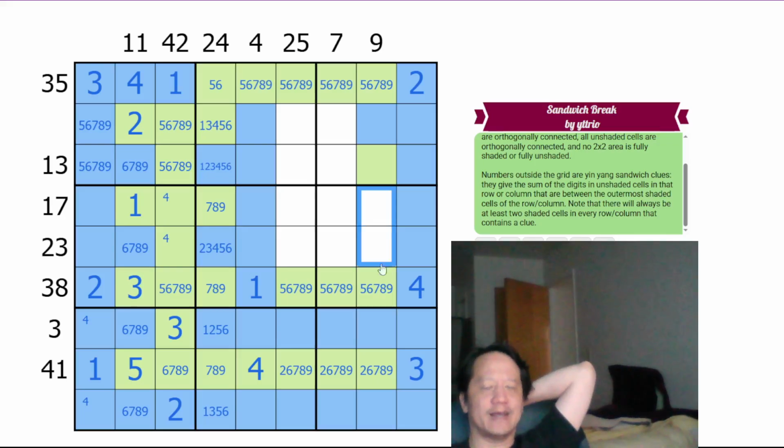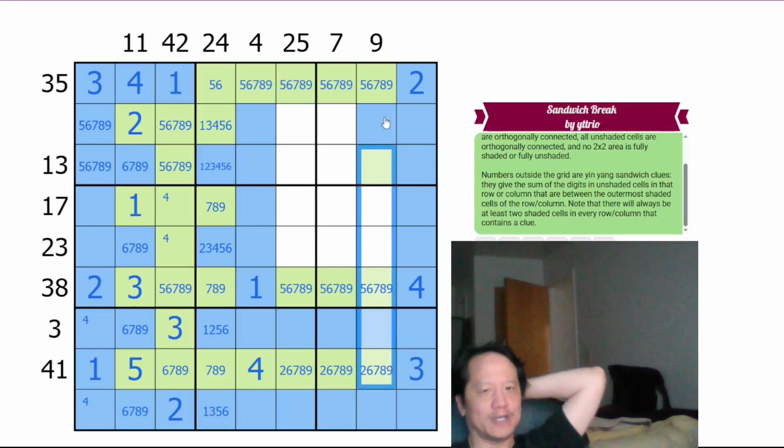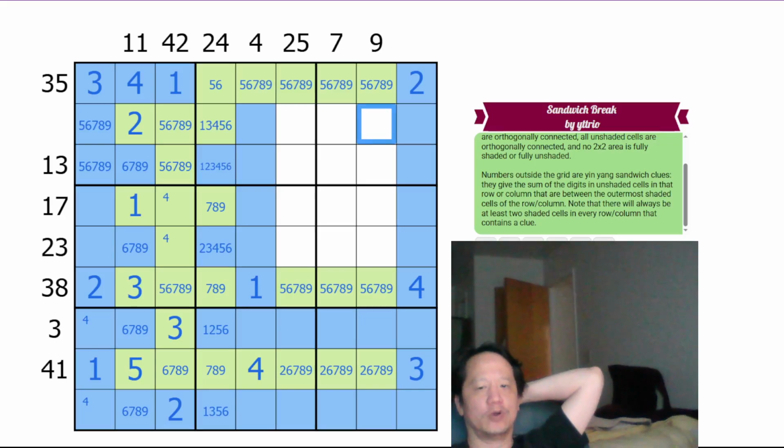One of these has to be a green here, because you have a blue-blue pair here, and if we try to have a blue, we can't have 2 blues here. So that would guarantee one of these is green. We'd have 4 digits here trying to add up to 9, which is impossible. So this cannot be blue. It has to be green here. This is 3 greens here, so this must be blue.